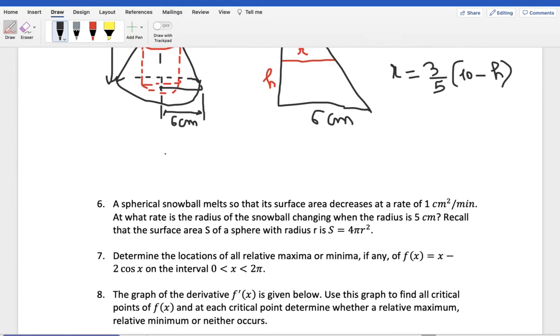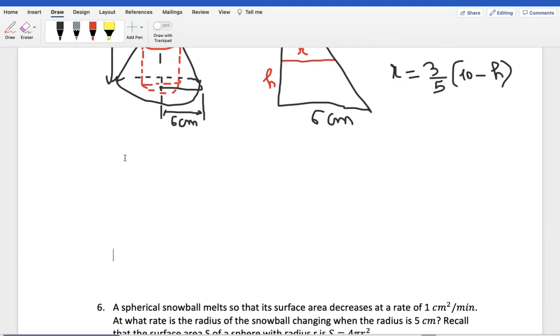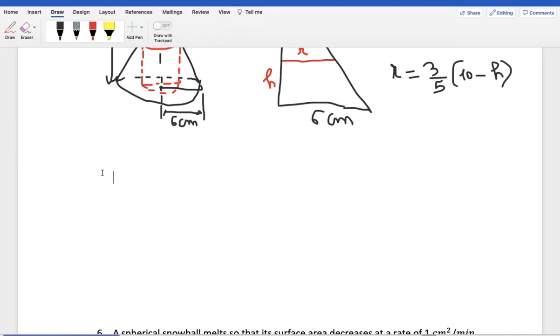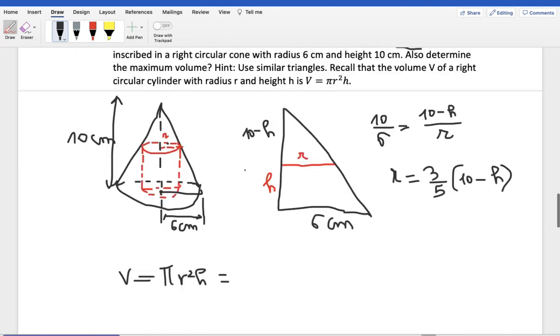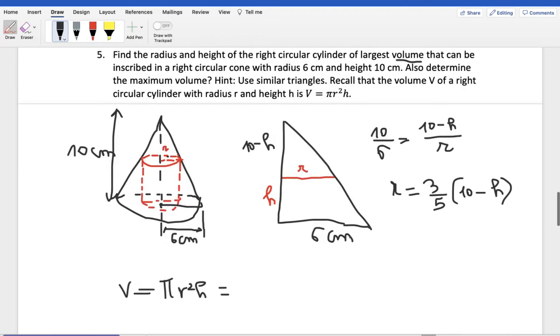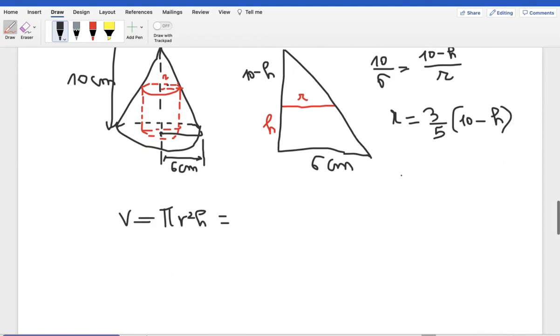Now, so let's just make some room, and let's start with the maximum volume. So we're given that the volume V is equal to pi r squared times h, right? And we know that using the relationship that we obtained from our similar triangles, r is equal to 3/5 times 10 minus h.